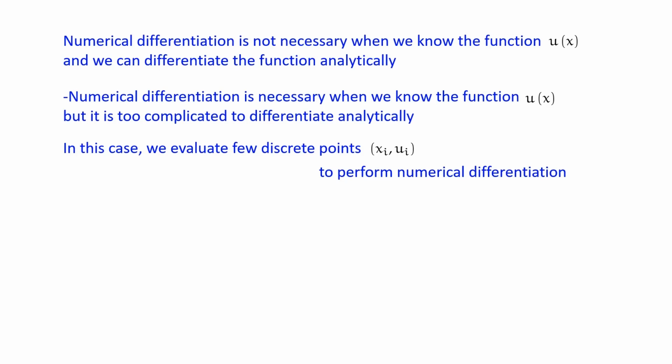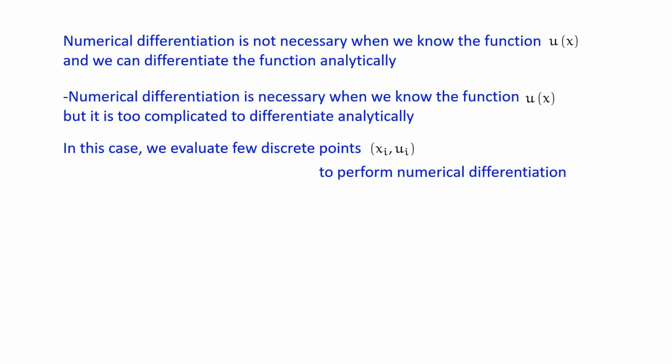So when do we need numerical differentiation? Well, maybe the function is too complex that we cannot have an analytical derivative very easily. So we carry out a numerical differentiation, and for that, as complex as the function is, we can take a few discrete points of x, and for those x's we can get the values of u.